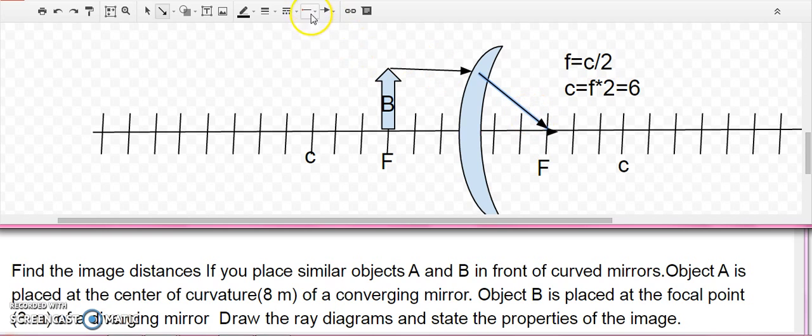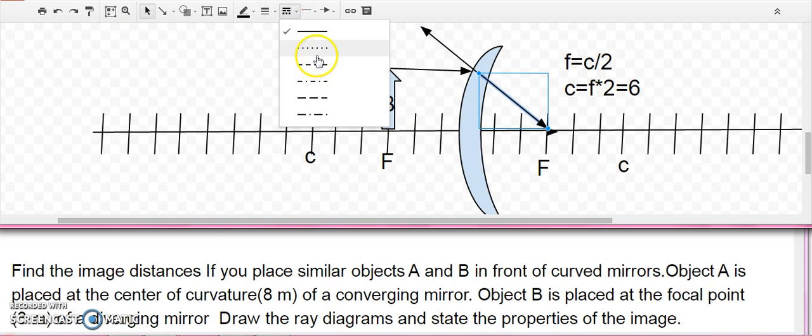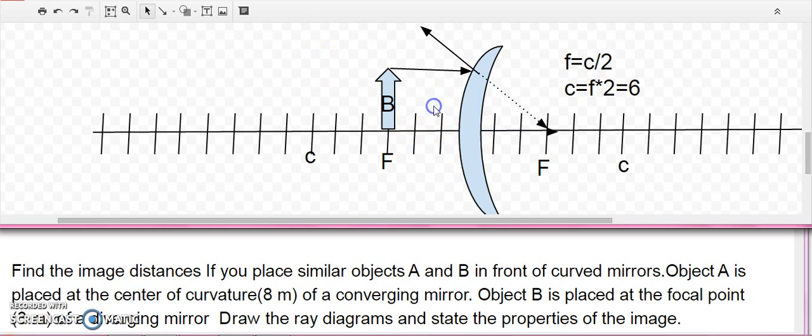But this is a reflection, so it needs to be dotted. There is also an arrow going directly this way. That's the other part. Because it goes this way, and then it reflects. And make sure this is dotted. Okay. There you have ray 1.